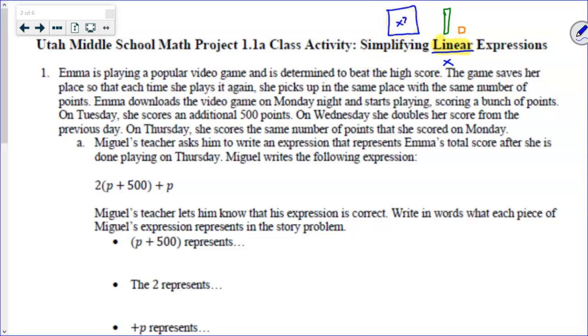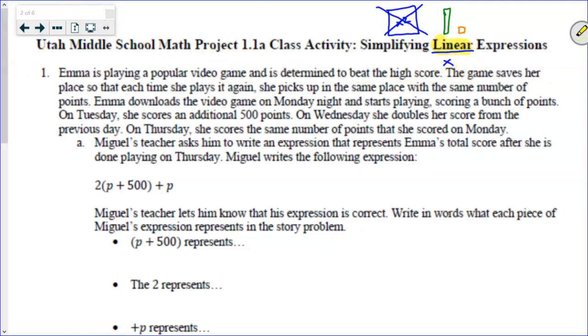So this is our x squared, and if it's using x squared anywhere in there, that is not going to be a linear expression. So that's just an official fancy word saying we're only going to be using x tiles and unit tiles when we're looking at these types of expressions. Anything bigger than that is going to be considered something else, and you'll be dealing with those in future years. But this year we're focused on linear.